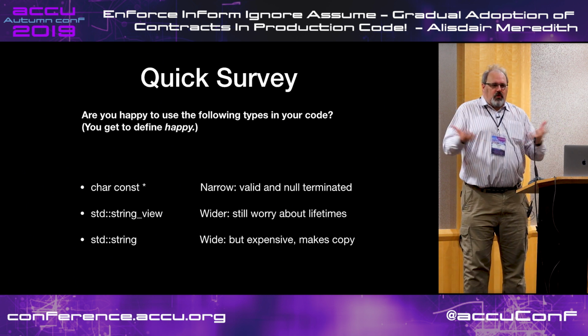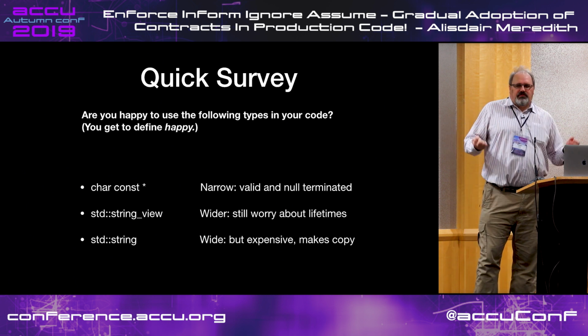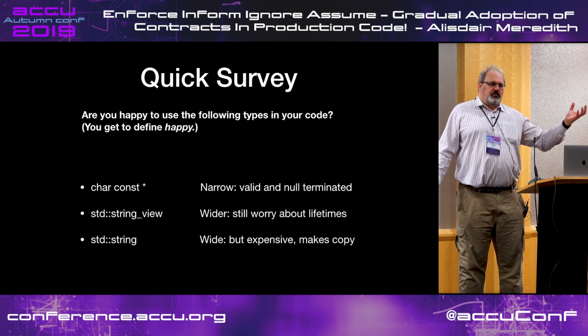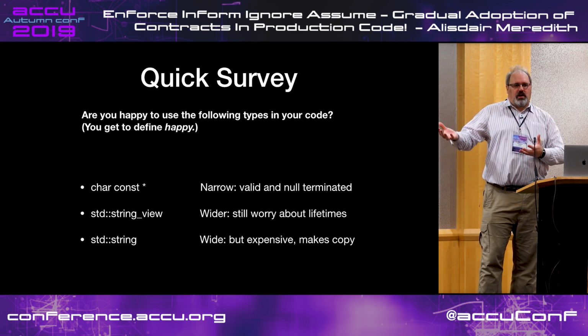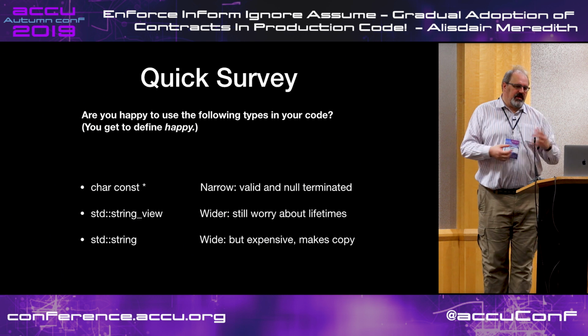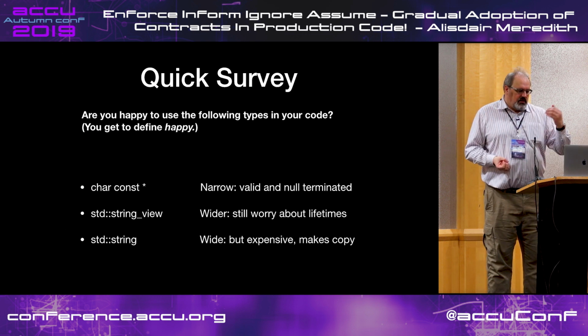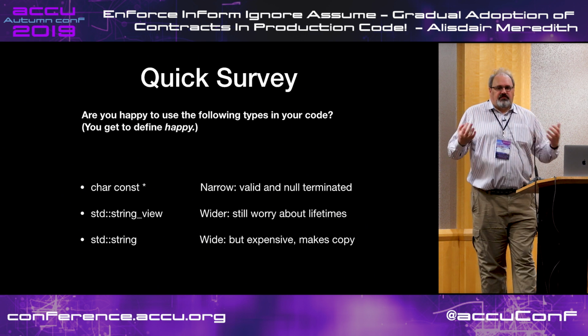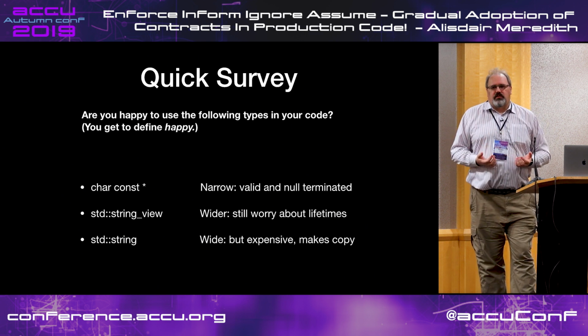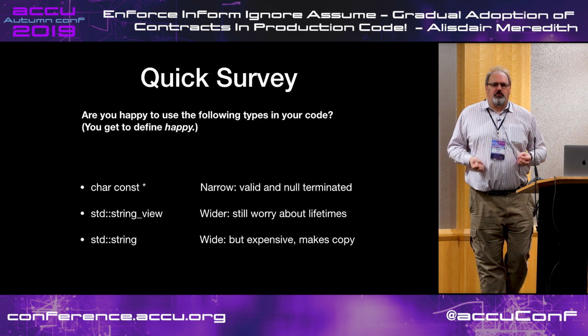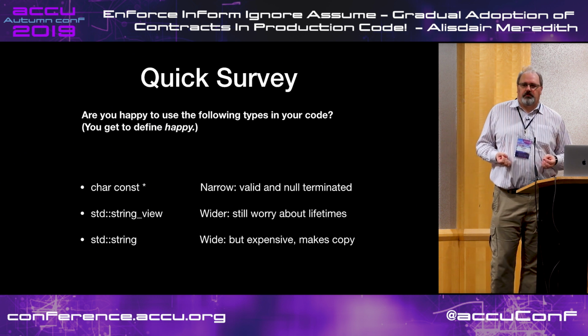But string view isn't as wide as people like to think it is, because you still have to worry about dangling lifetimes when you refer string views to local objects. So it doesn't get the lifetime extension that returning a standard string might get. Standard string is good in all these circumstances, but it's distinctly more expensive than a string view.